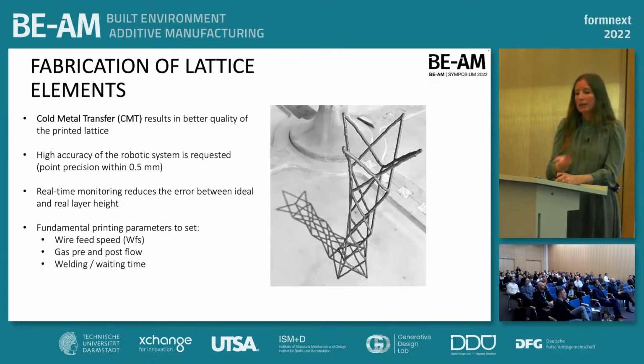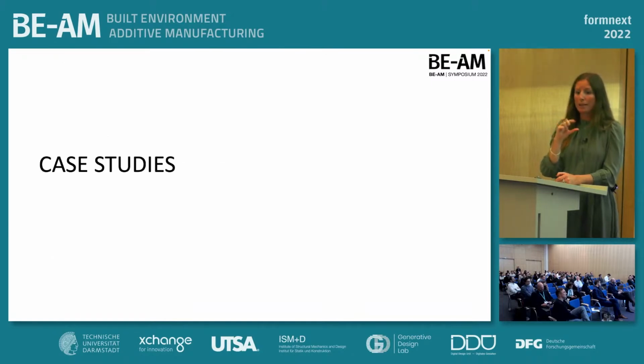Cold metal transfer is of course preferable, as well as high accuracy of the robotic arm, because given that it's a dot by dot system, for each single drop you have to have an accuracy in the positioning of your robotic head up to 0.5 millimeter, both on the plane and in terms of layer height.